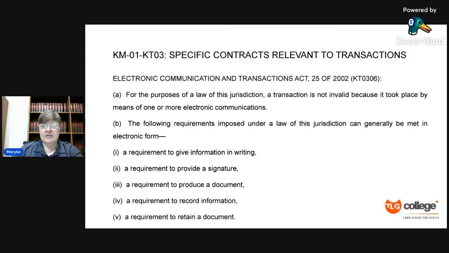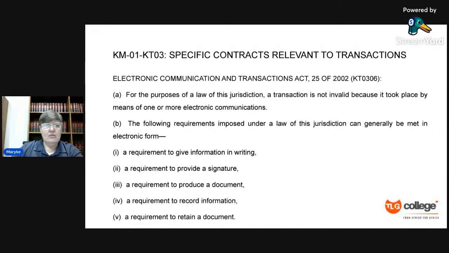The following requirements imposed under a law of the jurisdiction can generally be met in electronic form. If we have a look at these, it gives us a very good idea of whether this is legal and can be enforced. A requirement to give information in writing, so again, everything needs to be in writing. A requirement to provide a signature. Yes, even if it's on paper or digitally, there needs to be a signature.